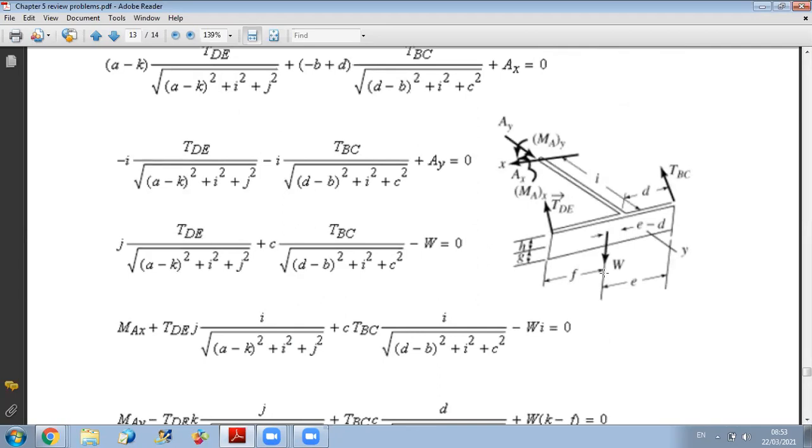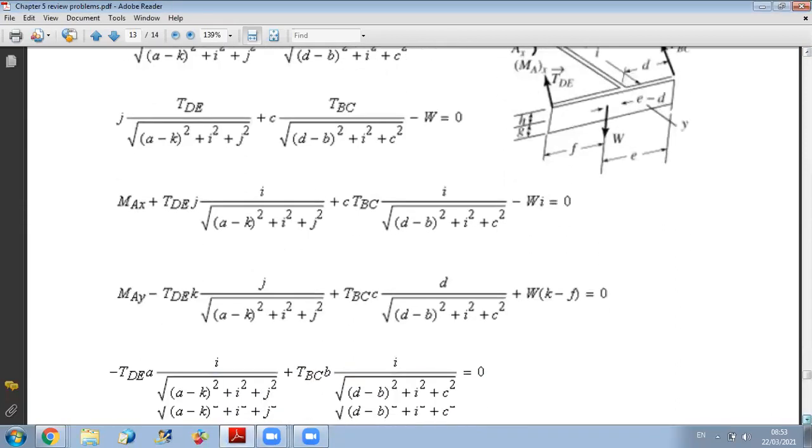When you do the expansion of this vectorial relation, you will get components, you will sum components along I equal to 0. You will sum components along J equal to 0. And you will sum components along K equals to 0. You will get then 3 additional equations.